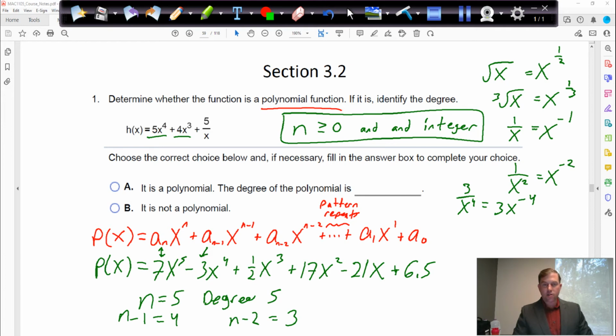This one's okay, 4x to the 3rd, it's positive power, it's an integer power. This one is not okay, so this would be written as 5x to the minus 1, and we can't have those negative powers. So this one, we would say, is not a polynomial. A polynomial has to have positive powers of x that aren't fractions.